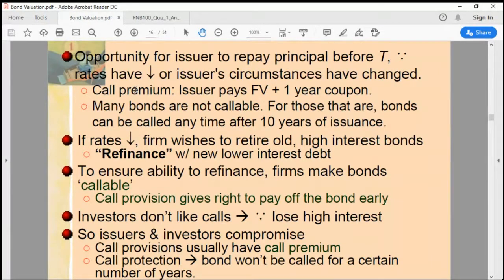And if it goes up to 170, then you make $20. So anyway, that's the concept of a call.